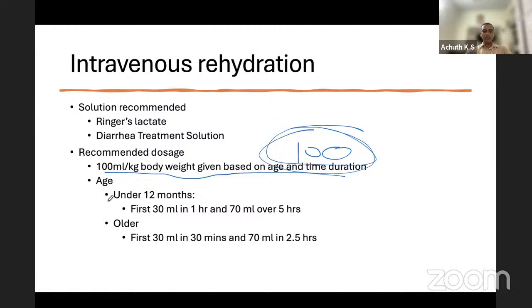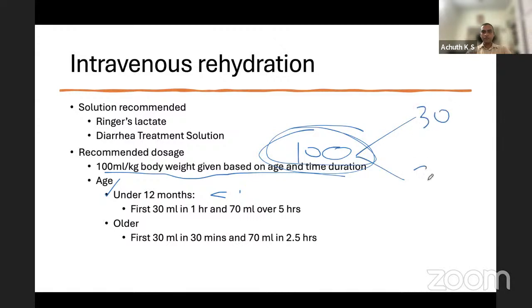But how do we give it? If the child is less than 12 months, less than 1 year, we divide this into 2 parts, 30 and 70.